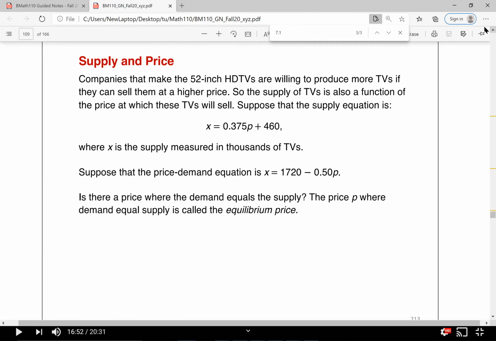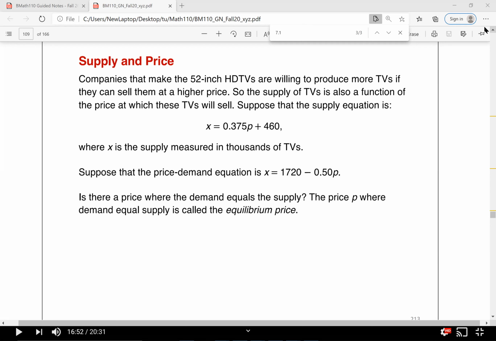Now come to this problem. Companies that make 52-inch HD TVs are willing to produce more TVs if they can sell them at a higher price. So the supply of TVs is also a function of the price.